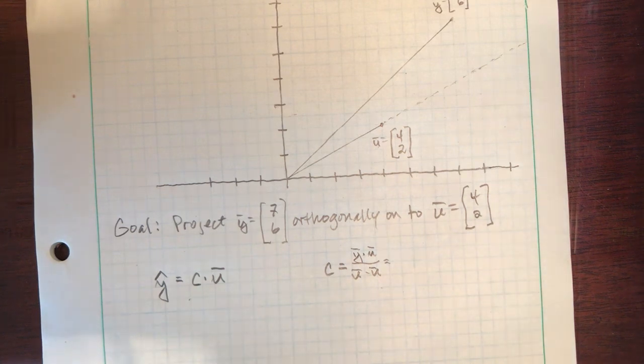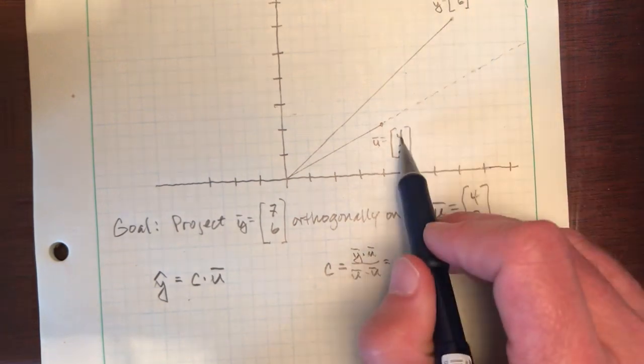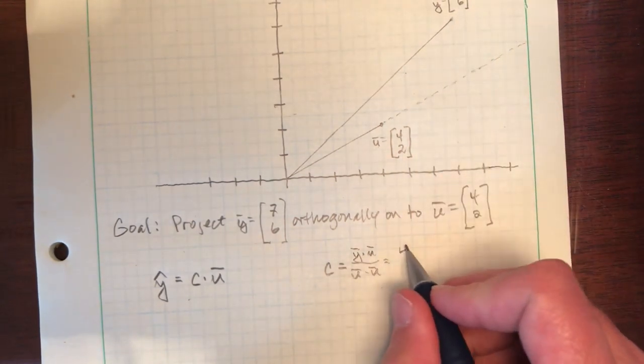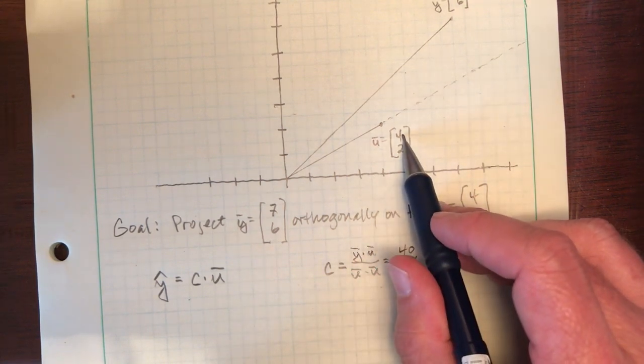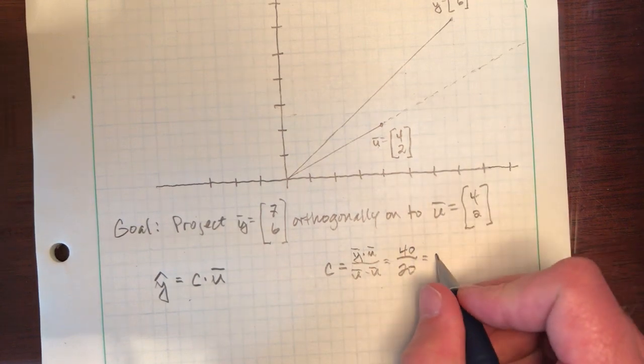All right, so that gives me y dotted with u, so that's 28 plus 12, 40. And then u dotted with itself, 4 squared, 16, plus 2 squared, 4 is 20. Nice.